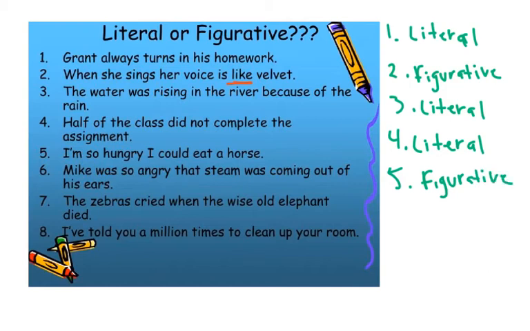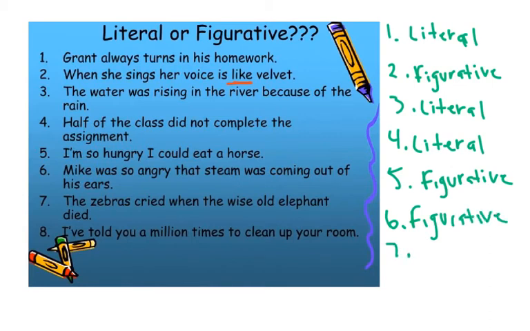Number 6, Mike was so angry that steam was coming out of his ears. Well, has steam ever come out of your ears when you're angry? It might have felt like it because you get hot and mad. However, that's not really possible, but it does put a lot of imagery in our head. So we have to go with figurative.